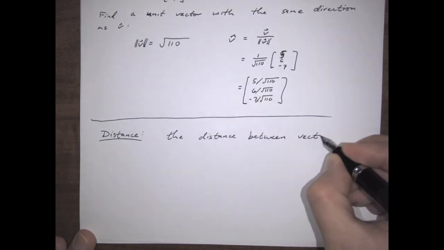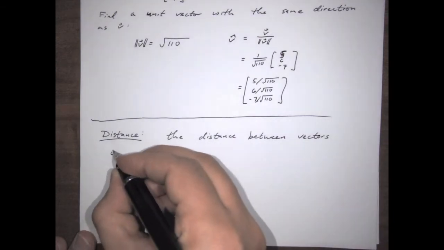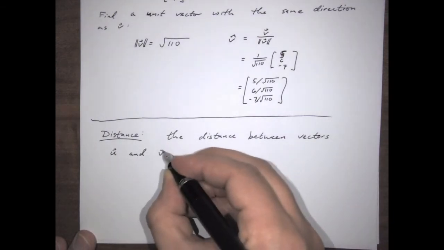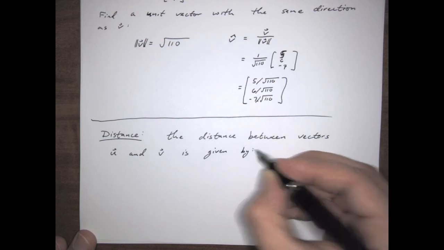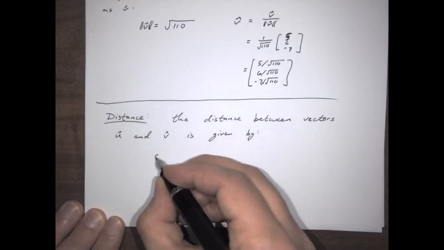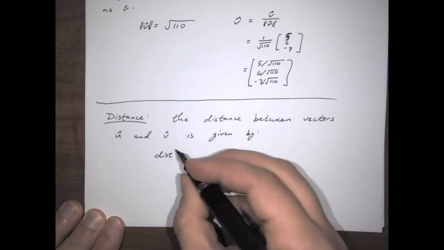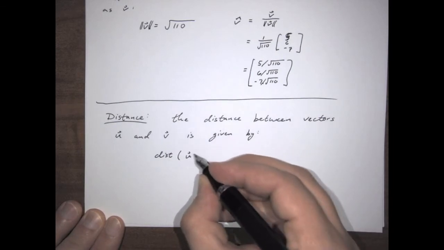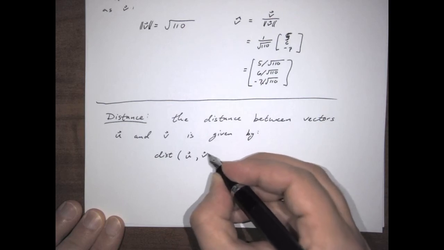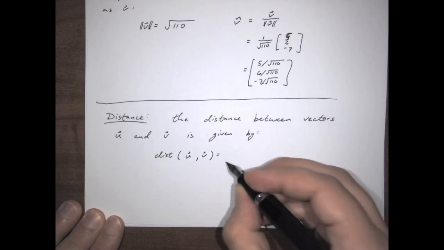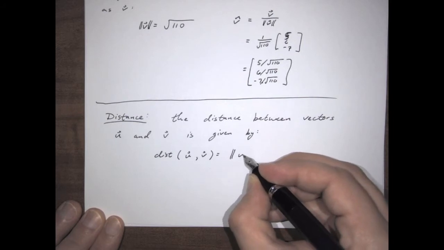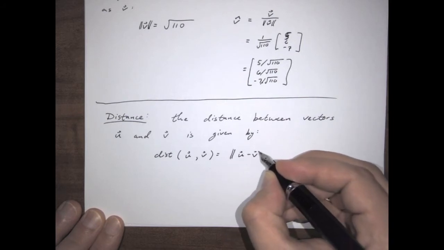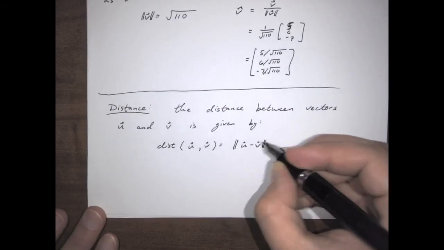The distance between vectors u and v is given by, and the way we write it is dist(u, v), and it's the magnitude of, or the length of, or the absolute value of, all ways of wording this, u minus v, like so.